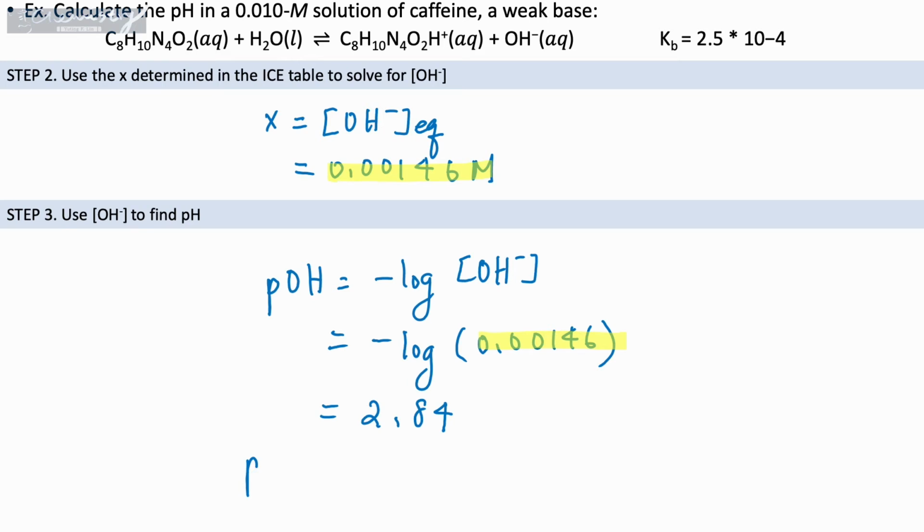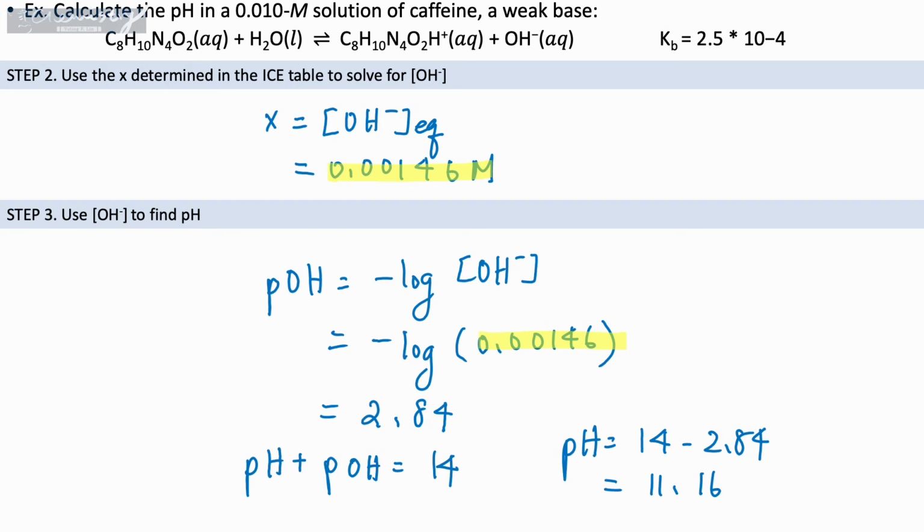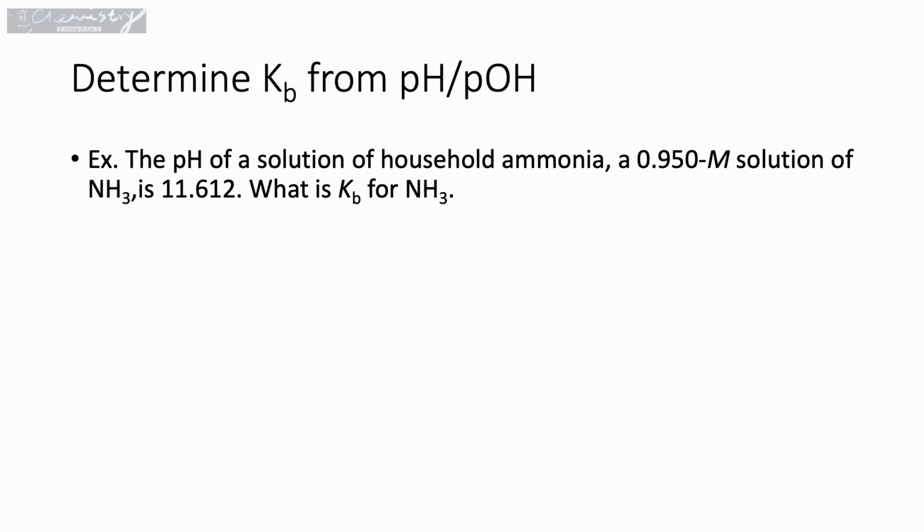And we know that pH plus pOH is equal to 14. So the pH can be found by 14 minus 2.84. That is going to be 11.16. So pOH is this number and pH is that number. And this is our last one, going in the reverse direction.